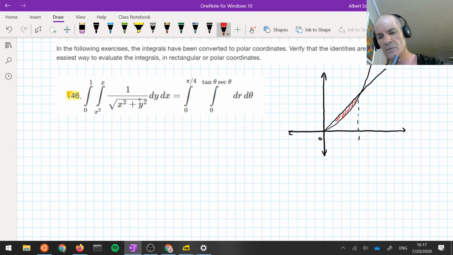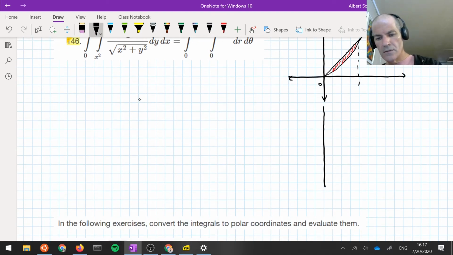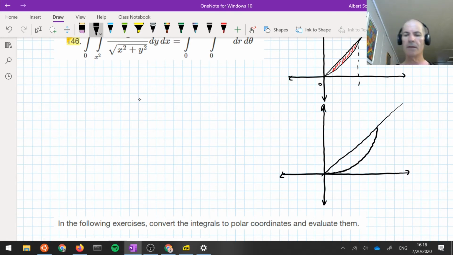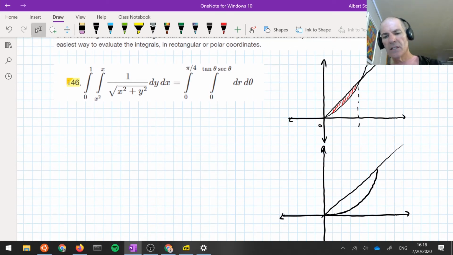And you know what I'm going to do? I'm going to redraw this with a slightly different scale to emphasize what's happening when we integrate this region over polar coordinates. I don't really know exactly the proportions of this sliver, so I'll make it a little bit fatter like that. I want to emphasize that when you're integrating in Cartesian coordinates, you're always integrating in vertical and horizontal slices.